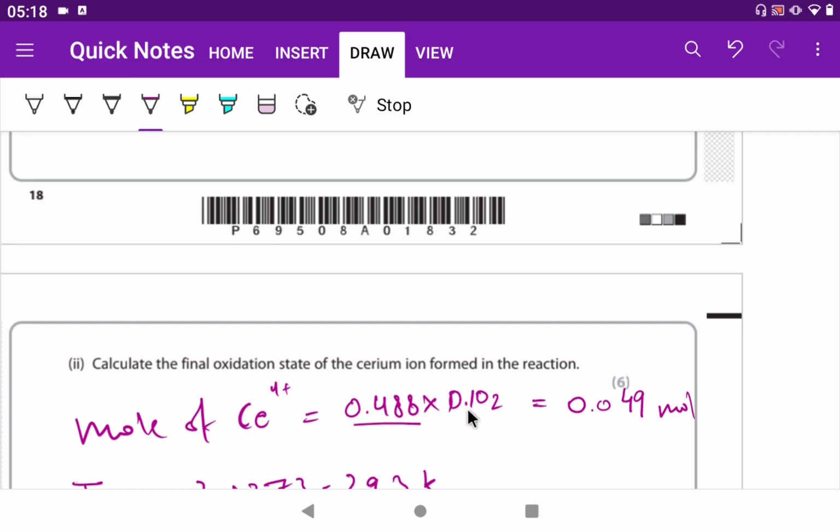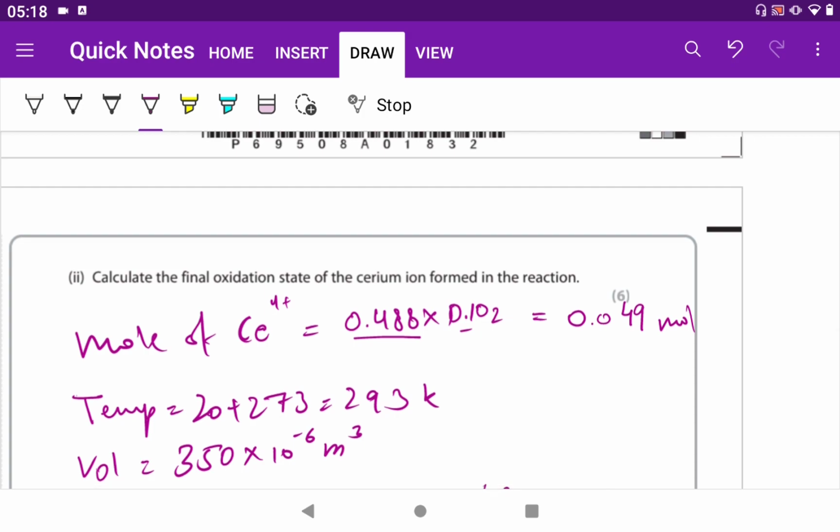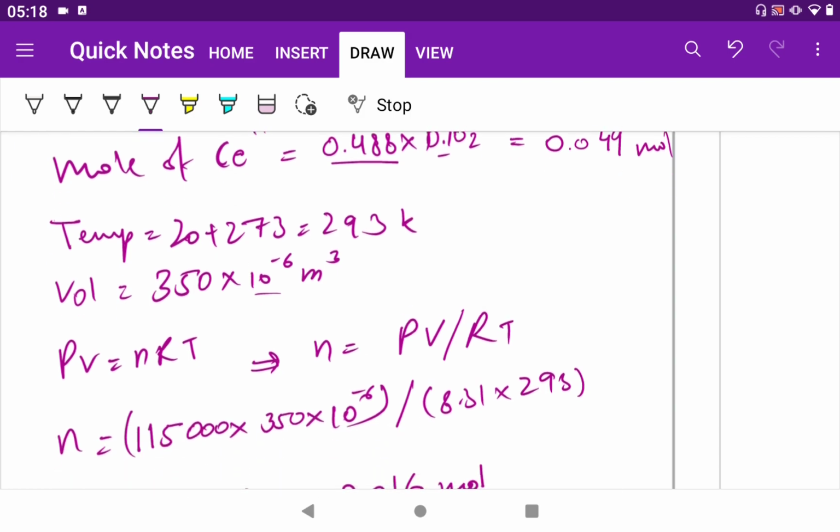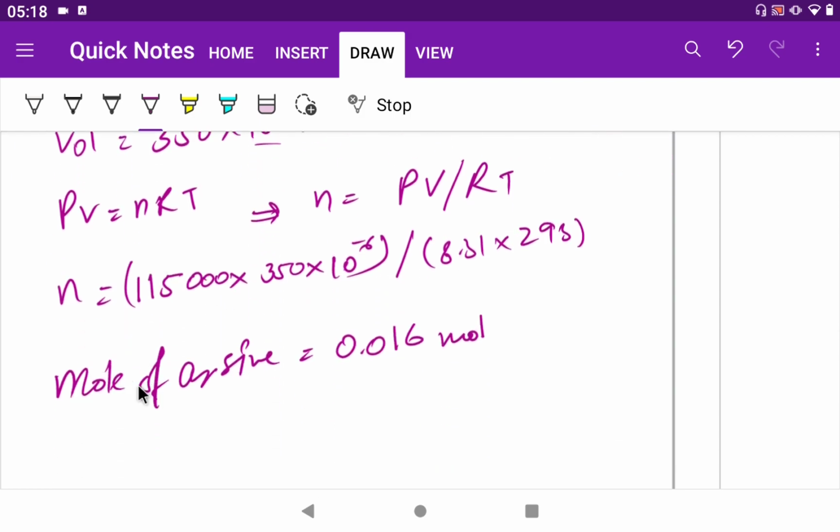The volume is this and the concentration is given, so volume multiplied by concentration will give the number of moles. For the gas, the temperature is in Kelvin and the volume is in this unit, so we can use PV equals nRT, and PV divided by RT is the number of moles. After calculation, we find out the moles of arsine is this.